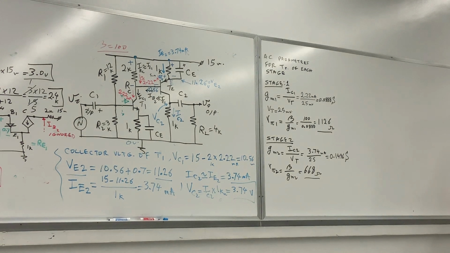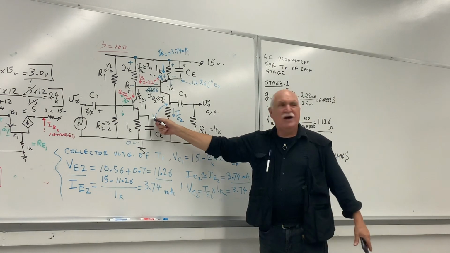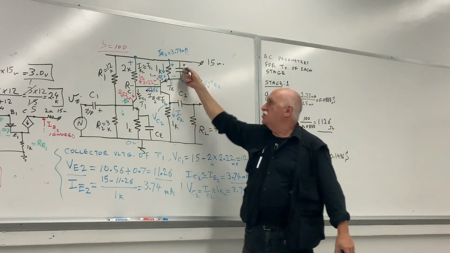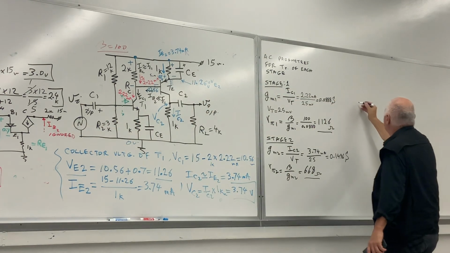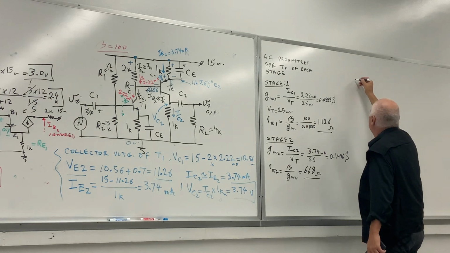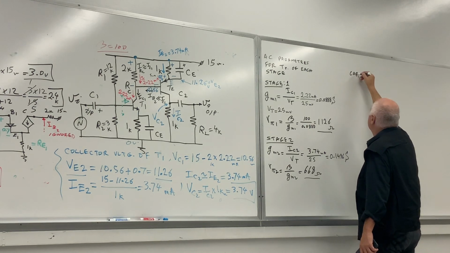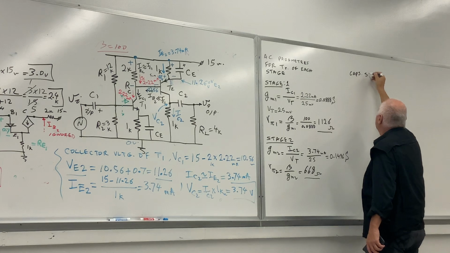Now I'm starting building the model in order to analyze. Assume capacitors are short, so we assume that they're adequately large, so they will be considered short. You will have this situation here. Caps, short circuit.